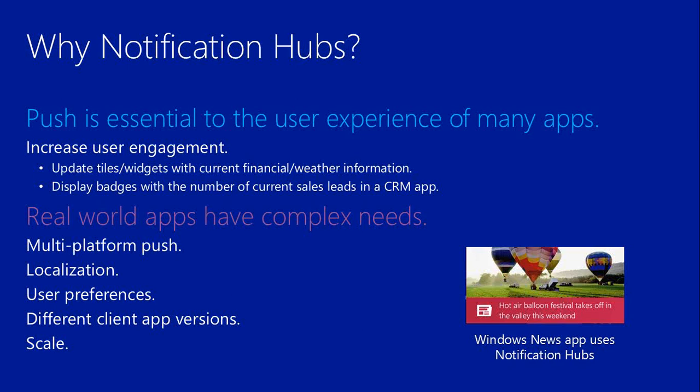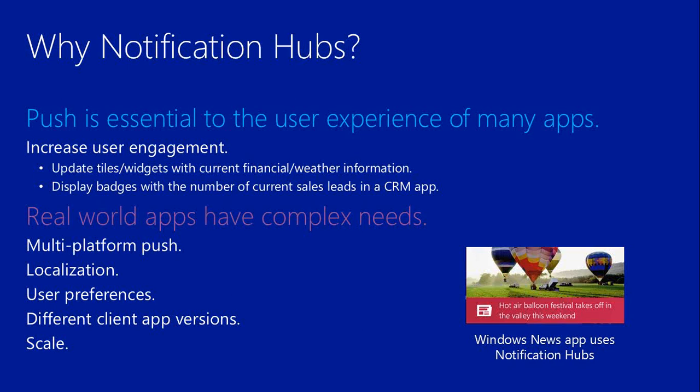However, real-world apps have more complex needs. Let's say there are multiple platforms. There are different platforms available, not just one. Each platform will have different requirements, and we have to push notifications on these platforms accordingly. Second is localization. Some apps may require notifications to be pushed in the local language, so we have to take care of it.